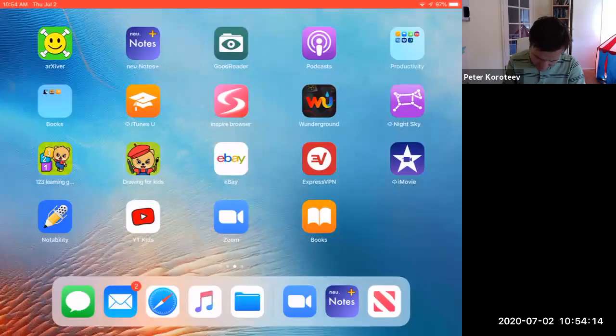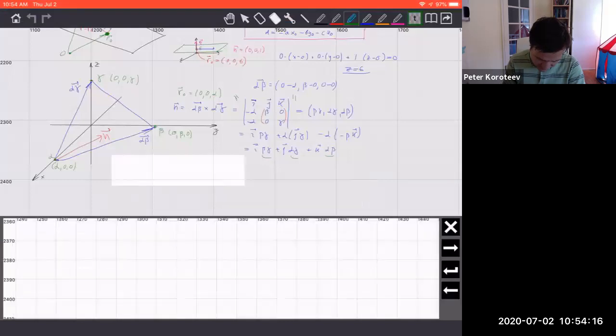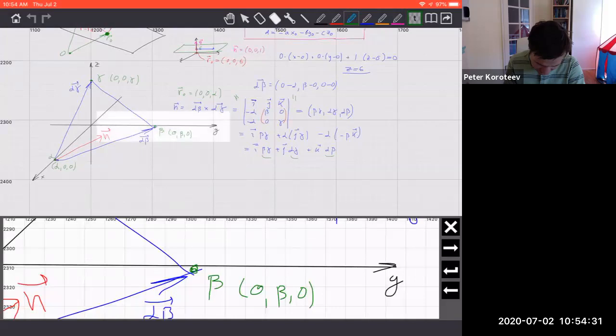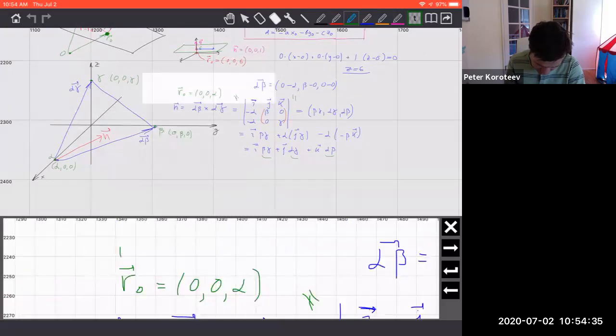Good. So this is n, and what we need to do is find another vector in the plane. Say this is R0, and then maybe R1. Let's take R1 to be 0 beta 0.